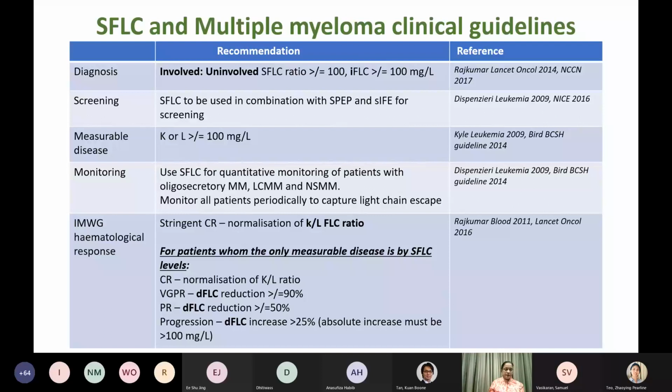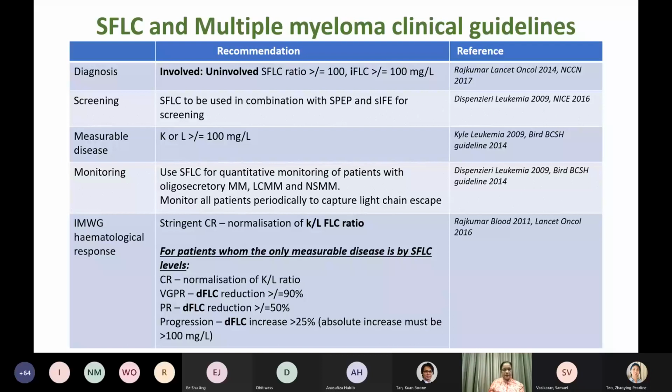The free light chain assay is now well established in the guidelines for diagnosis and monitoring of plasma cell disorders, as shown in this table. I'm not going to discuss these individual criteria today, but it is important to note that a few different terms are used in these guidelines.